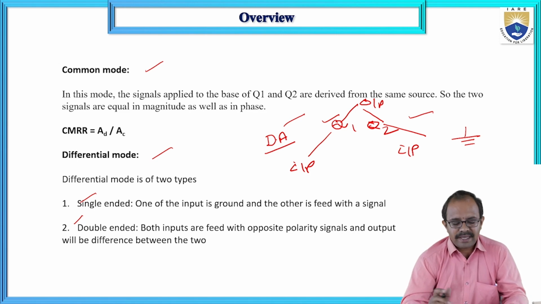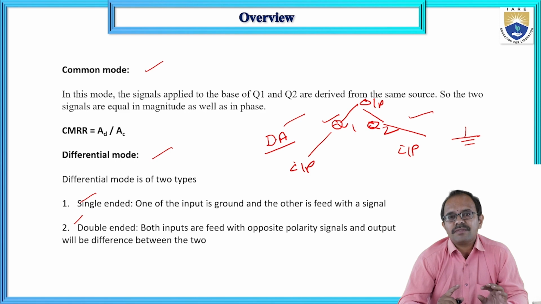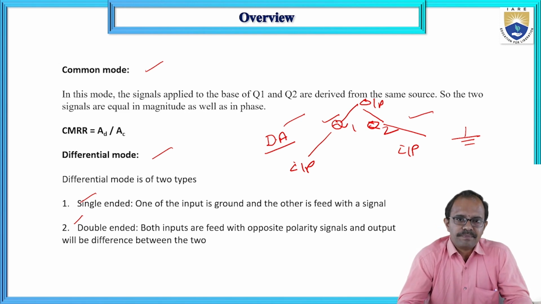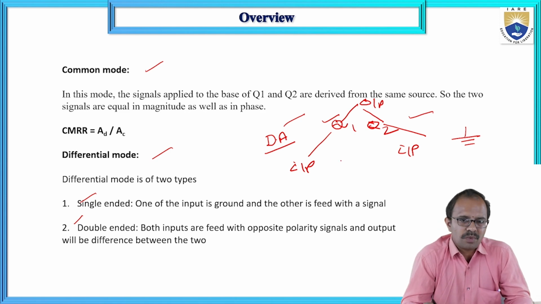And in the case of double-ended, both the transistors will have their own excitation, but they differ in terms of polarity. One has the positive polarity and the other will have the negative polarity. So if you are giving plus 10 volts to Q1, Q2 will get minus 10 volts.